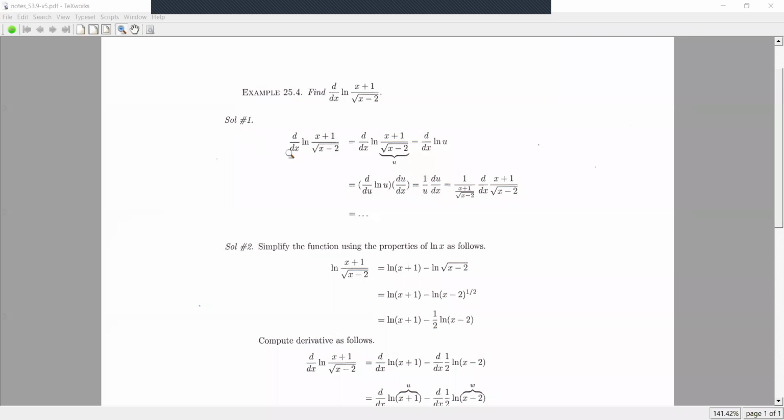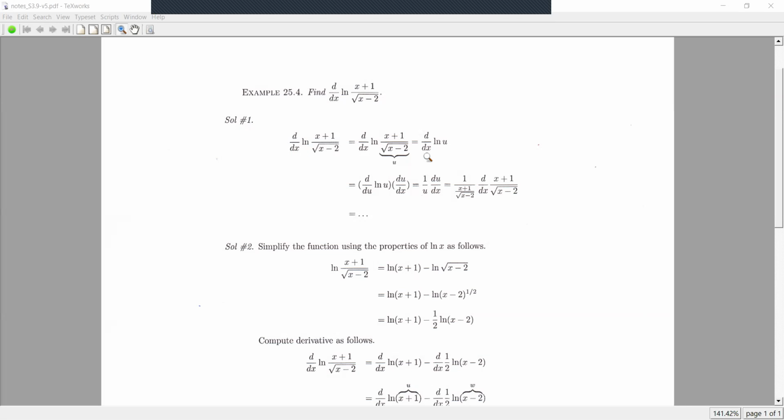Solution 1. The function is complicated and I want to simplify the function. I let u below the quotient here, then the function becomes natural log of u. Now, I need to compute this derivative. Because x and u are different, I need the chain rule.